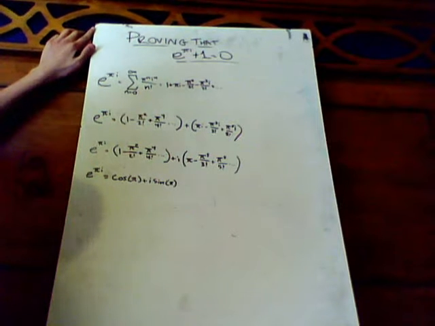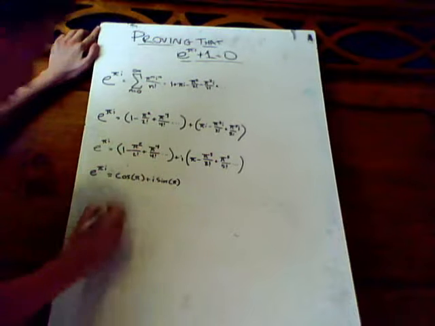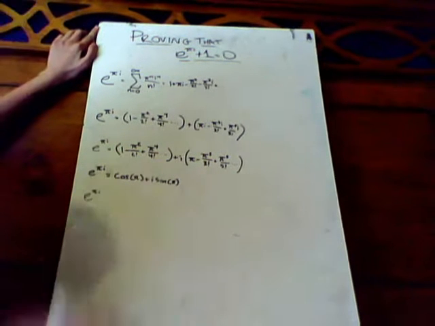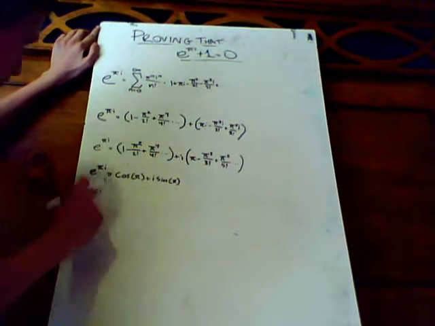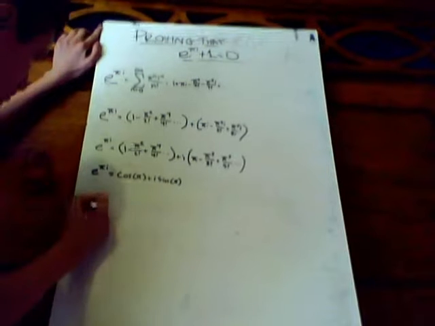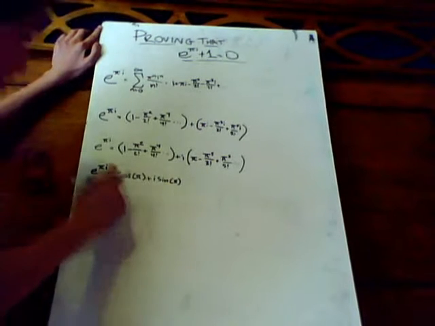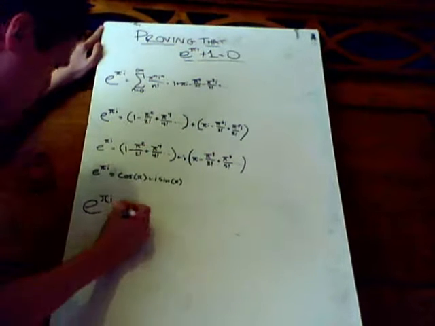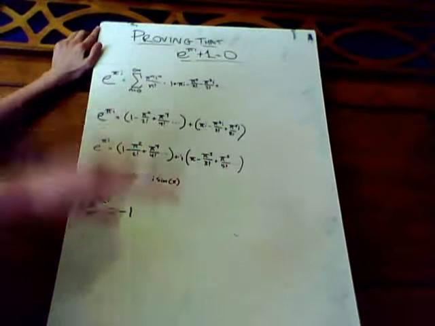Oh, man, alright. So, if you remember from trigonometry, which I do not believe I did a video on my last channel, but if you ever took trig, here, let me write this a little bigger. e to the pi i equals cosine of pi, which is -1, because cosine is the x-coordinate, pi in radians.